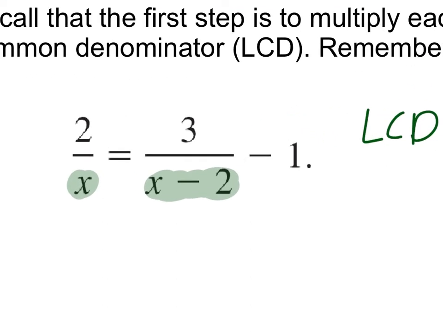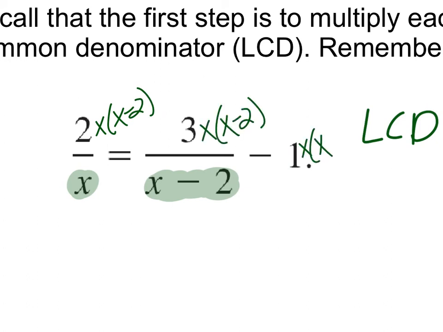So I'm going to multiply the 2 times an x and an x minus 2. Same thing with the 3. Same thing with the 1. And then we should be able to cancel out all of the denominators. So in my first term, the x's cancel. So I'm left with 2 times x and 2 times negative 2, negative 4.